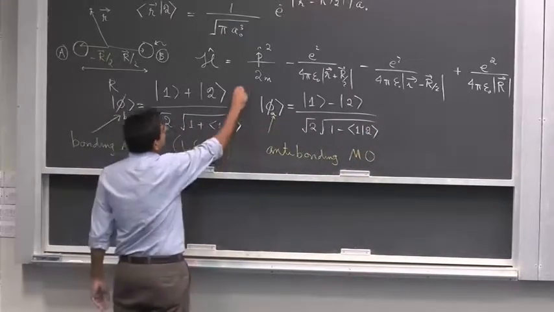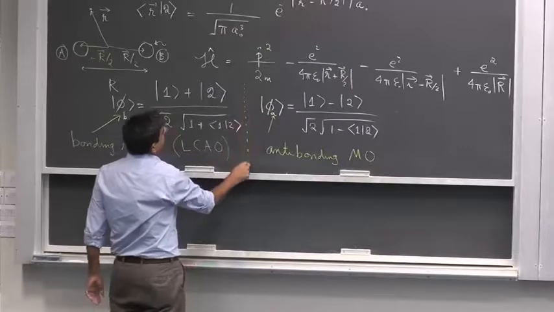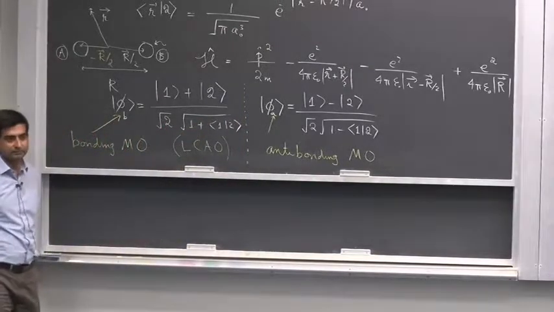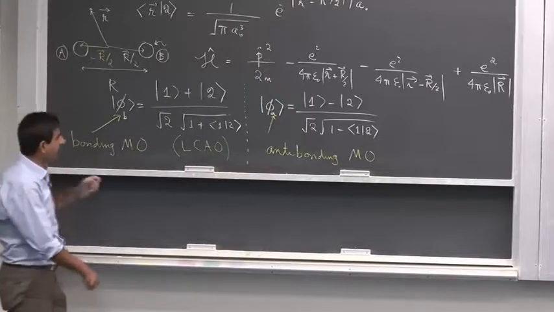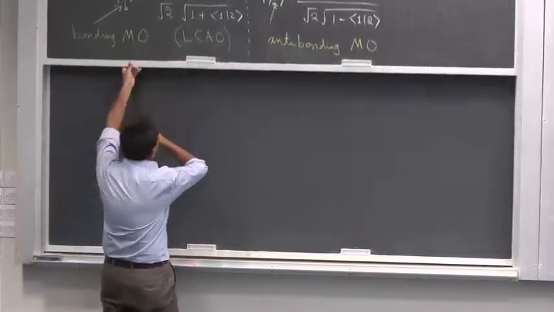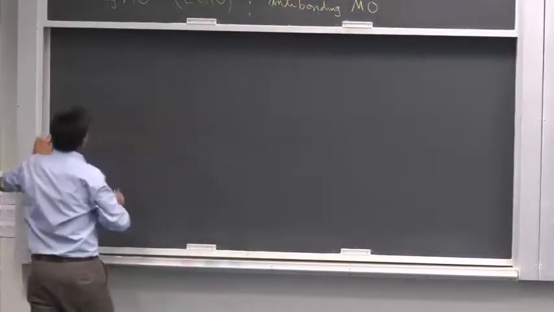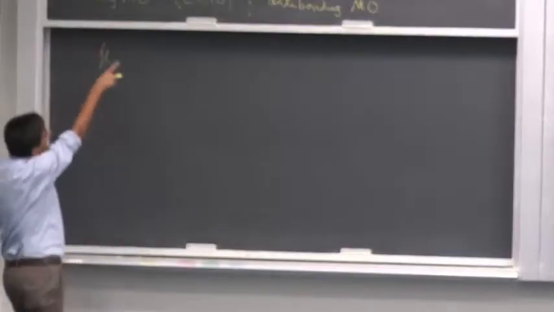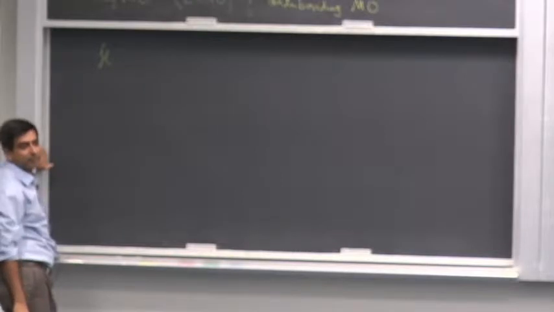Now we would like to find out the energies associated with these molecular orbitals. The Hamiltonian is going to be diagonal in the basis of these bonding and anti-bonding orbitals.